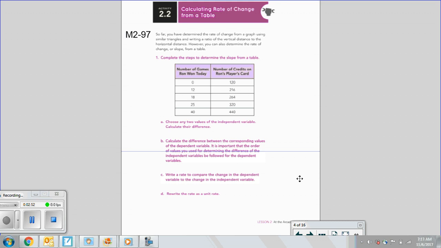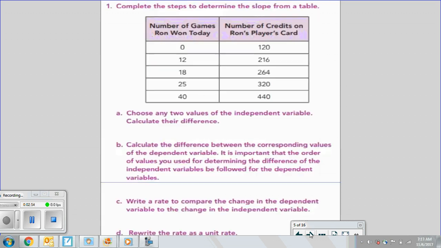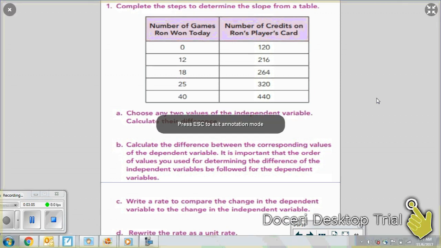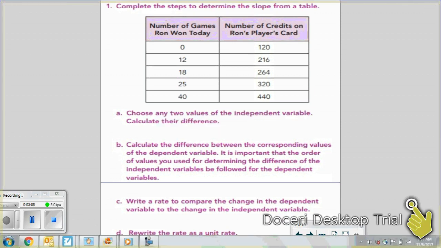All right, so let's zoom in here for a second. We've been given a table. Remember, we've already found rate of change, slope from a graph. It already gave us that in the directions. But let's talk about this table for a second. Anytime we have a table, the left side of the table is going to represent our x values. So go ahead and mark that on your table. The left side is our x's.